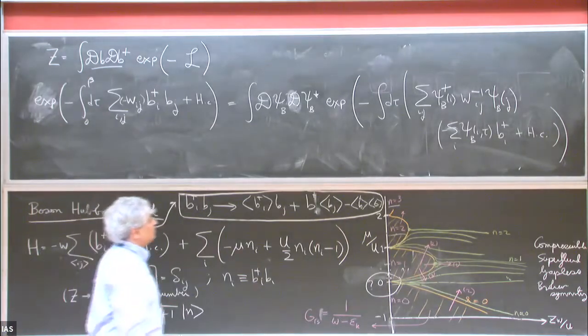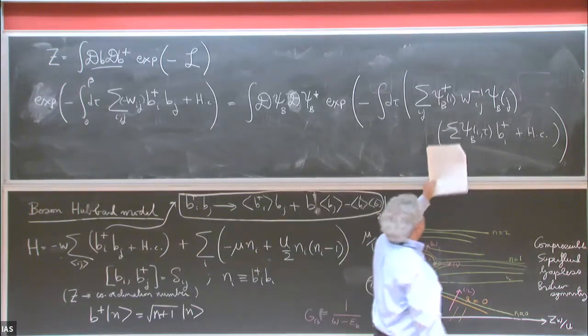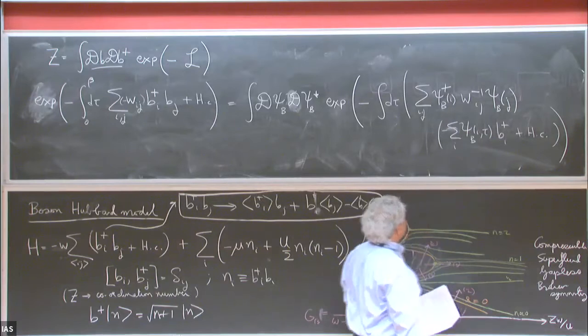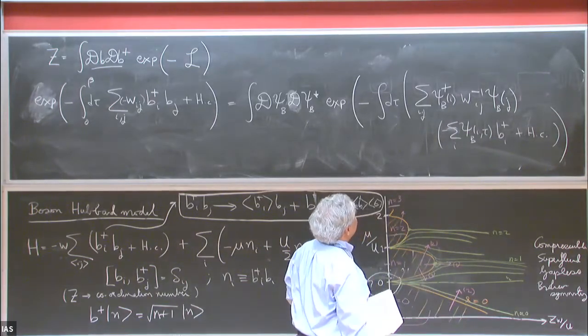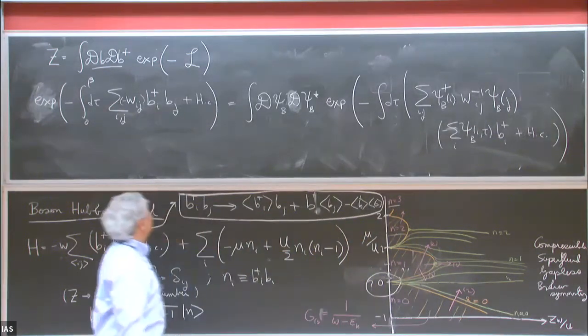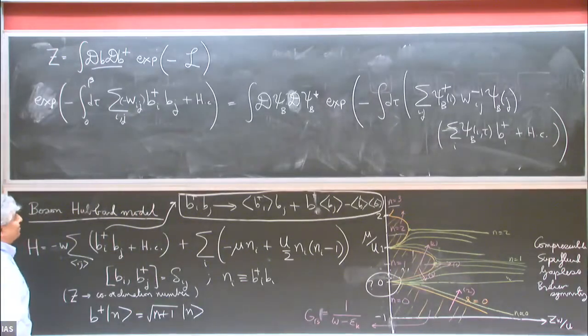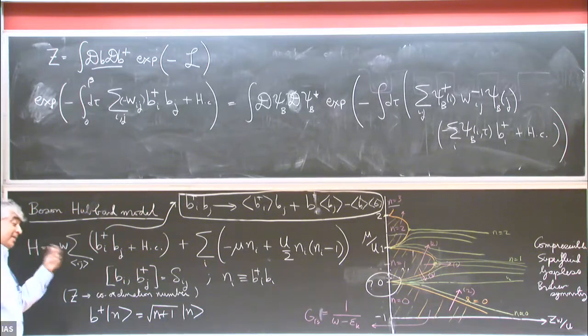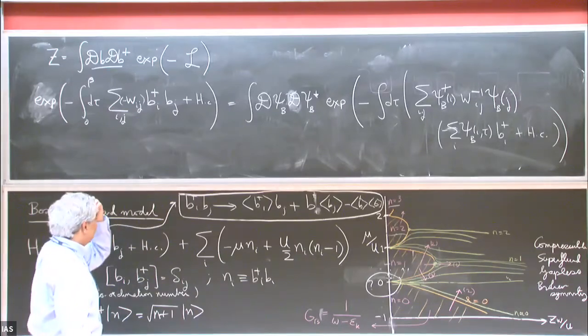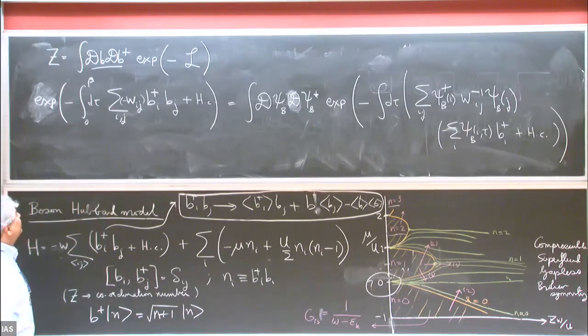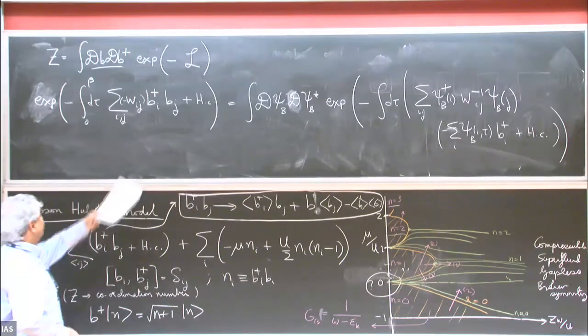There's a W inverse over here, so you have to be a little bit more careful than that, but it doesn't matter. The signs are correct, provided W is positive. More precisely, provided the eigenvalues of W are positive, this is well defined. But that means that the action is minus W, B dagger B, for positive W. Yes, that's correct. So I did put the minus sign there.